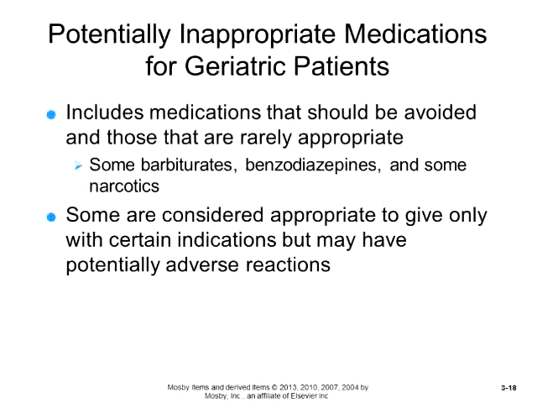Some barbiturates, benzodiazepines, and some narcotics. Now, if you look on here, I still see Klonopin used there, and I'm not going to tell you that you'll never see some of these medicines used in the elderly population.